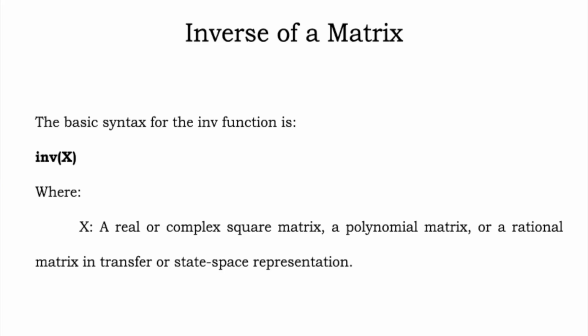The basic syntax for the inv function is inv(x), where x is a real or complex square matrix, a polynomial matrix, or a rational matrix in transfer or state space representation.